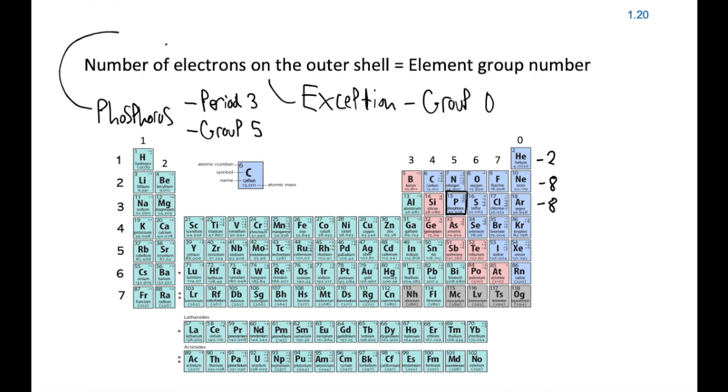If an element has 3 electron shells, that means the first 2 electron shells are full. And so we have 2 electrons in the first shell, 8 in the second one. And to find out the number of electrons in the third and final outer shell, all we need to do is look at the group number, which is 5. And so this is the electronic configuration for phosphorus. And I didn't even have to look at how many electrons phosphorus has, which is 15. All I had to do was look at the period number and the group number, and I was able to write out its configuration.